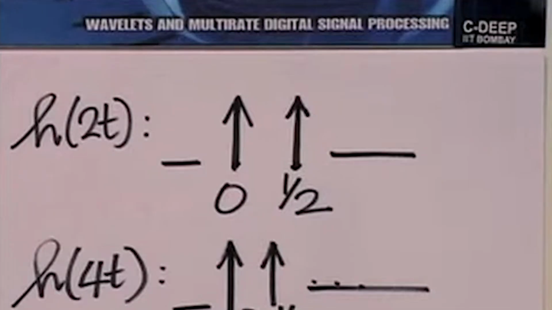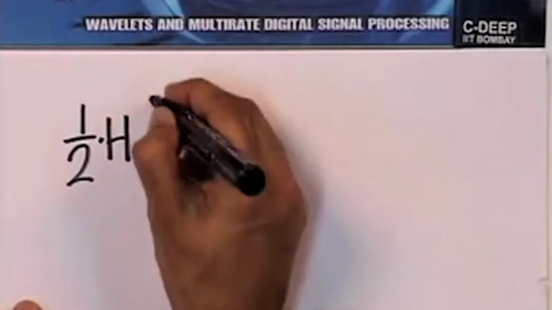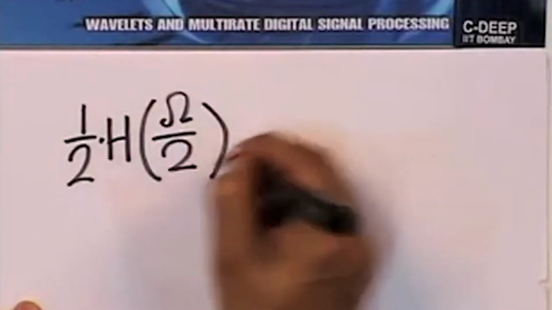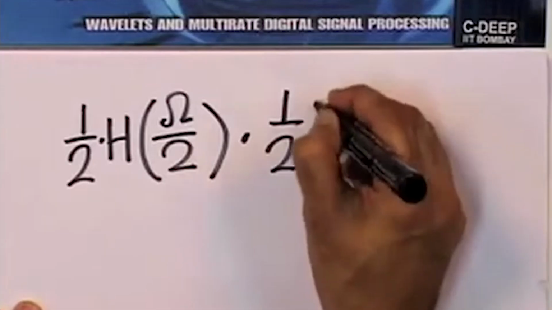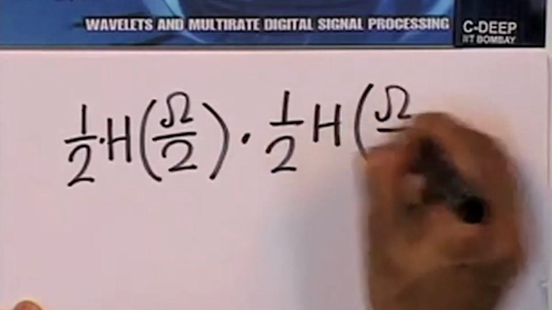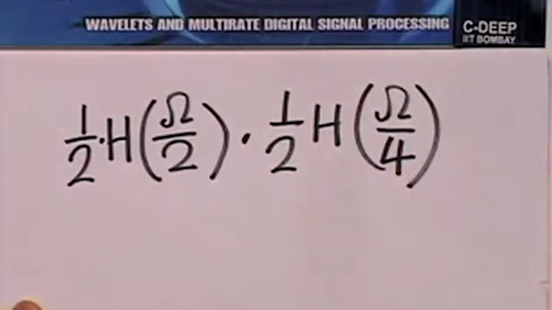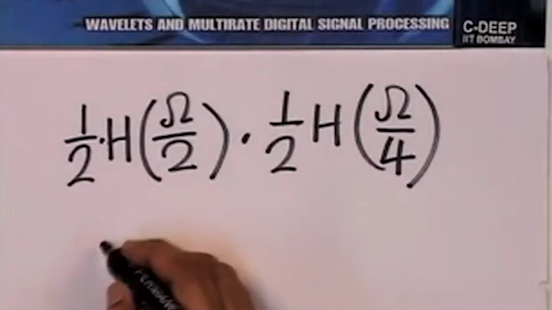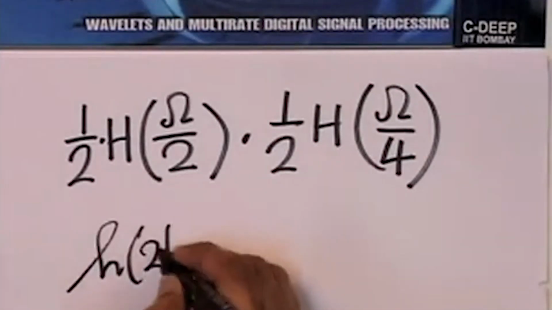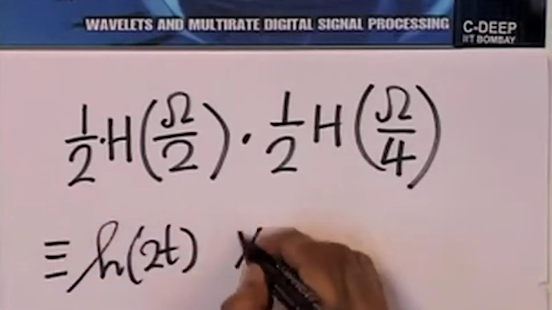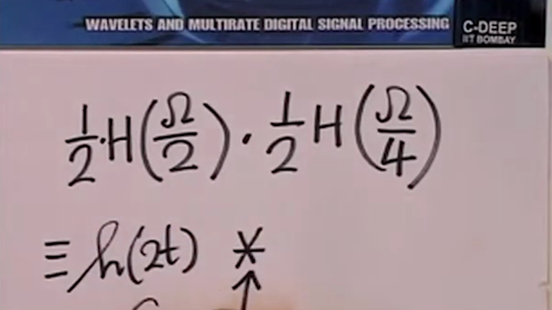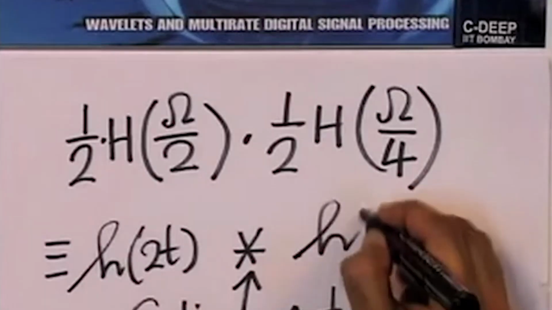If we take just the first 2 terms, half capital H capital omega by 2 times half capital H capital omega by 4, it corresponds to h of 2t convolved with, this is continuous time convolution here, h of 4t.